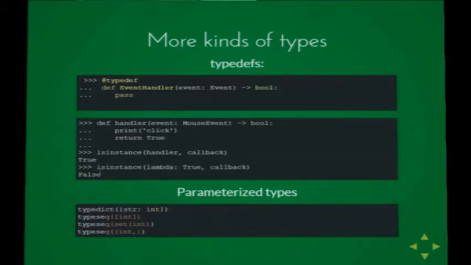Another thing, this is actually not implemented, I haven't implemented this yet, but it's something I'm trying to think about. It's parameterized types. And the idea is, if you start messing with types, you want to start doing things like, what if we have a dictionary type which uses string keys and maybe integer values, or a list of a given type, for example, a list of ints, or a set of ints, you get the idea.